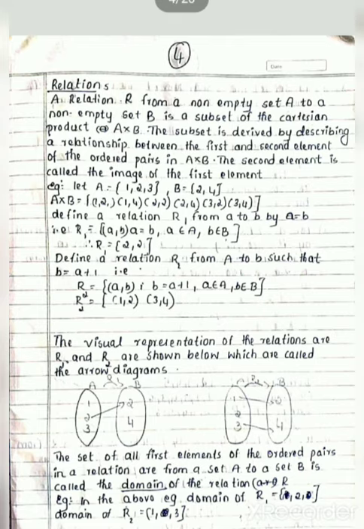Ordered pairs are the elements which appear in pairs. Cartesian product. What is Cartesian product? Set of all ordered pairs. So a relation is a subset of the Cartesian product. See there.